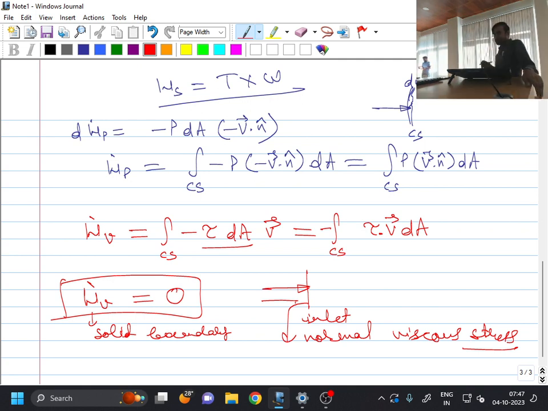The normal component of the viscous stress is usually of very small magnitude.